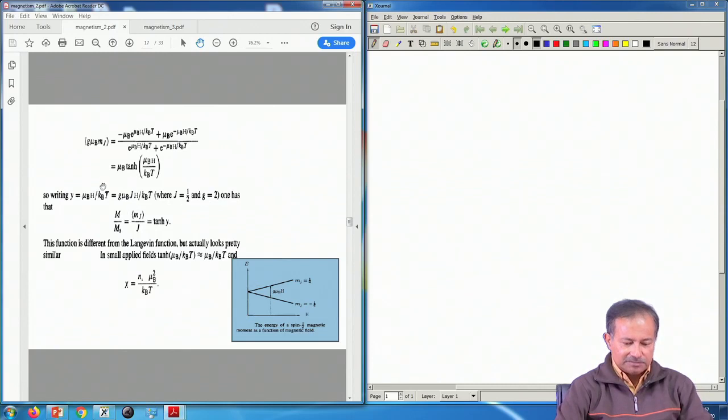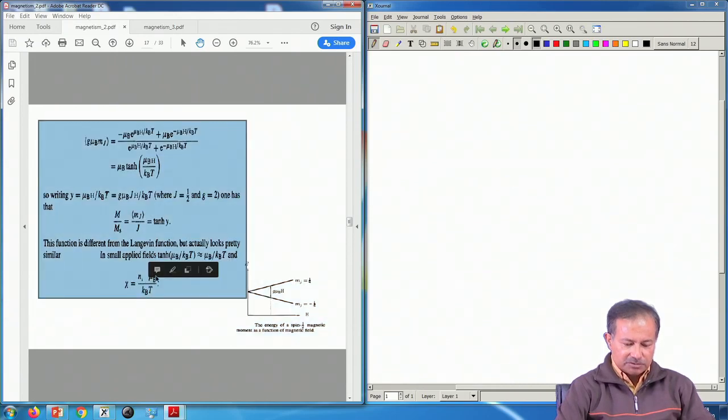Then this is always less than 1. Please bear that in mind, we will be using it as and when we do approximations, because the right hand side is a tan hyperbolic function, and you can expand it for y small, and just write tan hyperbolic x equal to x for small x, and this susceptibility comes out.